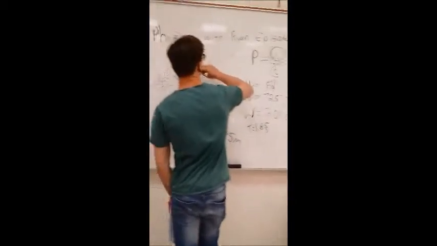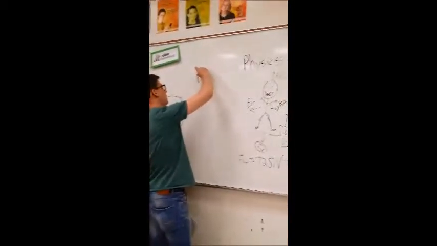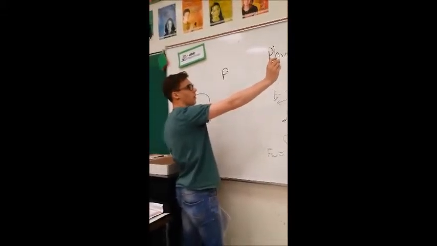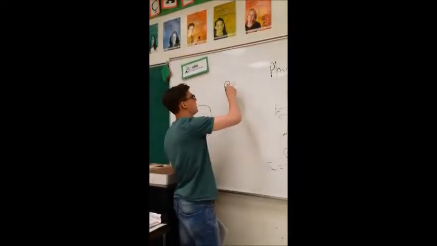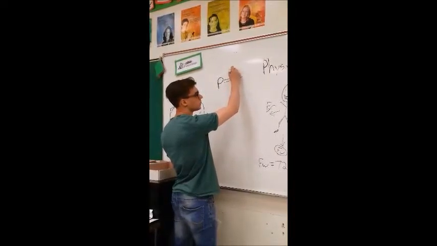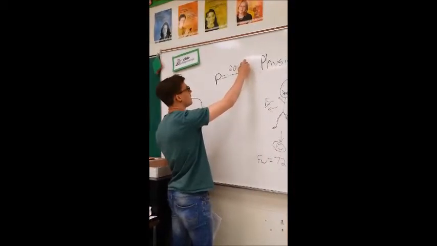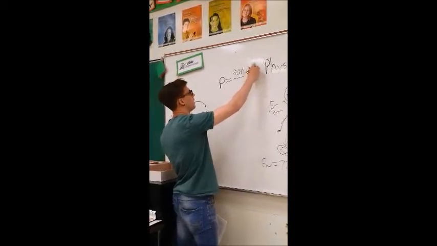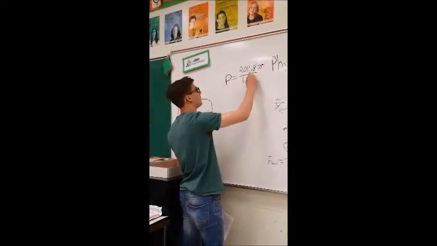Okay, so we'll go over here now. We have our work and we have our time. So we take our power, and that is equal to 2,011.875 over 1.85.